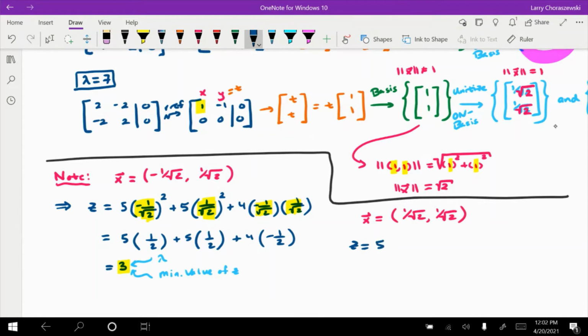That'd be 5 times 1 over radical 2 squared plus 5 times 1 over radical 2 squared plus 4 times the product of those two components. Go ahead and simplify this all and tell me what you get.